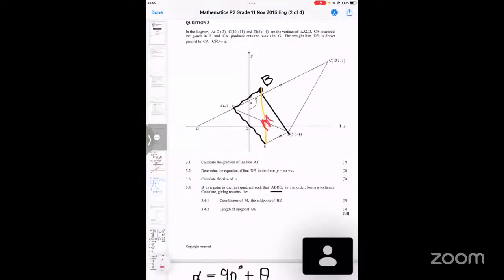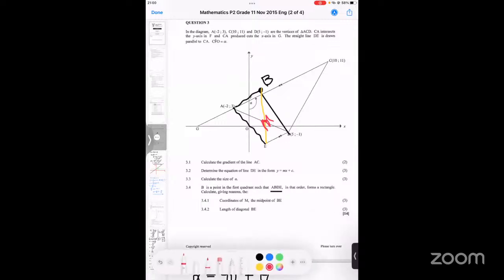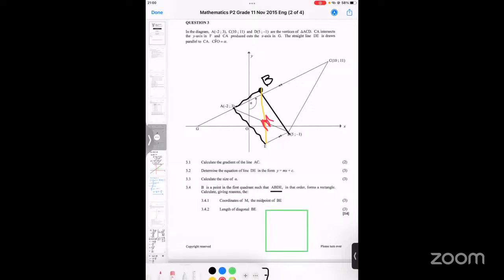Difficult. Okay. So this is what happens, honorable members. When you have a square or a rectangle, just always know this. You have these things called diagonal lines.